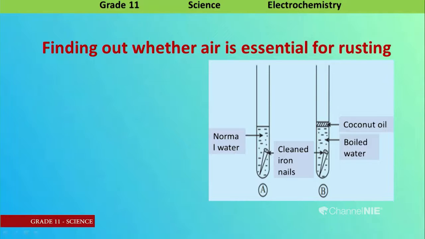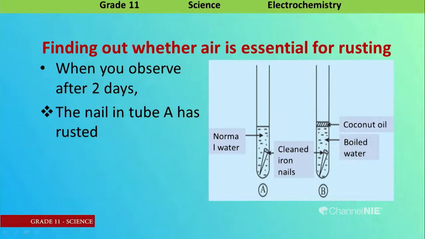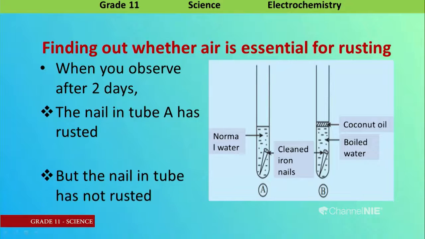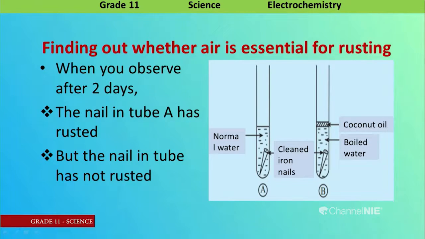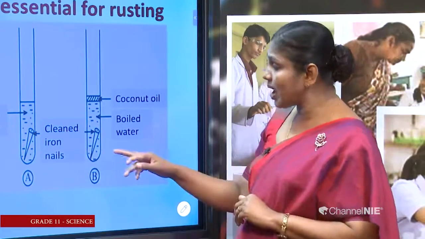When you observe after 2 days, children, you will observe the nail in tube A has rusted, but the nail in tube B has not. Why? Let me explain the reason, children. The nail in tube B has enough water, but there's no air. Why?